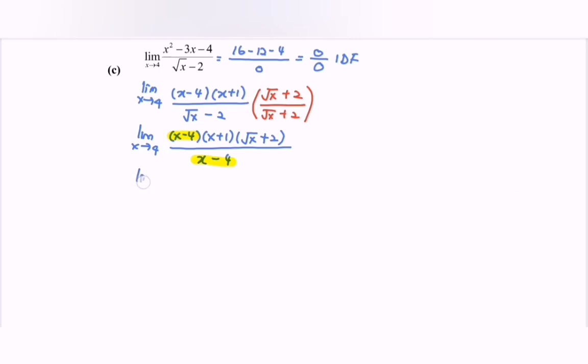Rewrite the situation, limit when x approaching 4 for the function (x plus 1) multiplied with the square root of x plus 2. If we substitute the value, we will have 5 multiplied with 4. So limit when x approaching 4 for the function (x squared minus 3x minus 4) over the square root of x minus 2, the value of y will be approaching 20.